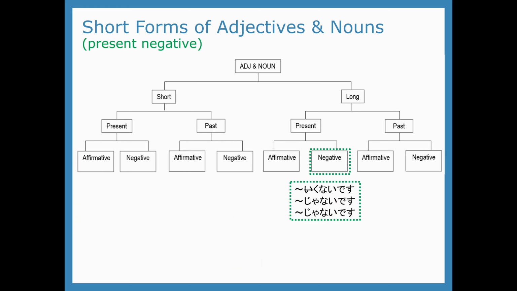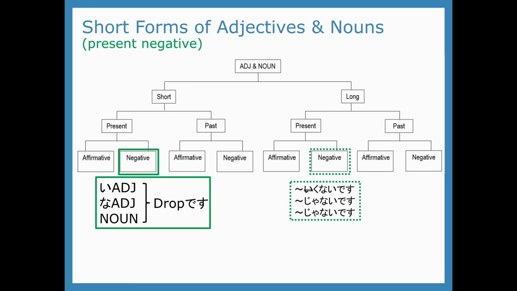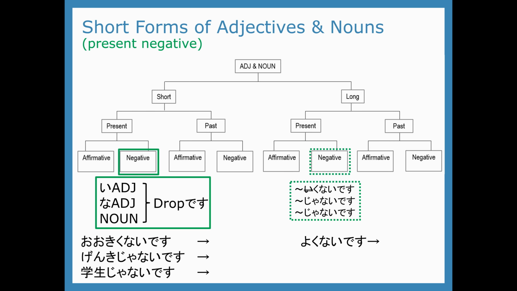Good news! The negative version is even more straightforward, as long as you know how to make them negative in the first place. Once we have our negatives in the long form, our kunai desu or janai desu, in order to make them negative short form, we're just going to get rid of the desu. So if I have okikunai desu, the short form is okikunai. If I have yokunai desu, the short form is yokunai.